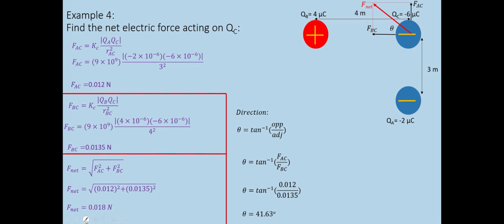Now for this angle, the direction is from the positive x-axis to the vector, which is 90 plus the angle, or it will be 180 minus the angle that we found. So to find the direction, it will be 180 minus this angle, and we find the direction as 138.37 degrees from the positive x-axis.